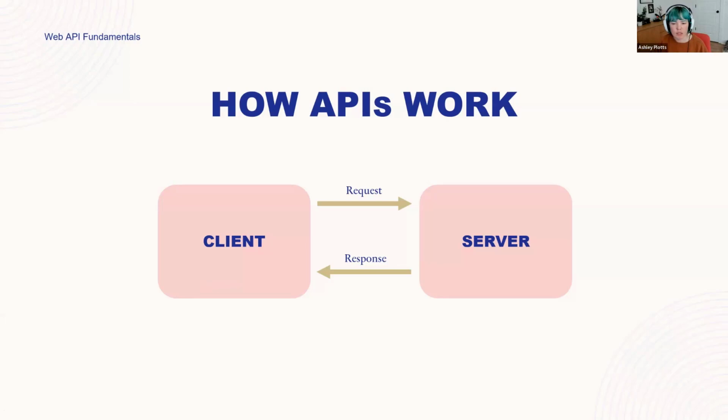Or say you wanted to add a post to your own Facebook page. You'll type a message into the little message box, hit update, and then your browser will send a request to the server to make that update to your profile. So Facebook's API would have an endpoint that would be a post endpoint, which we'll get into more detail later, and it would actually add that post to your profile.